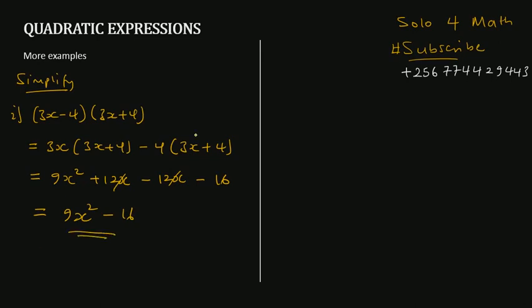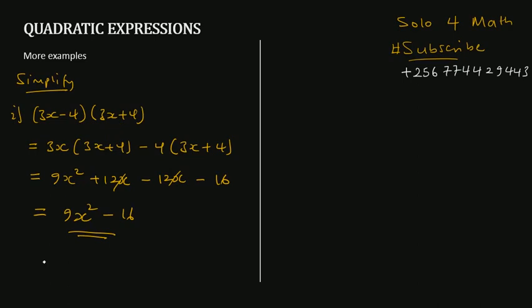If we don't go this way, we looked at an identity and we said if these numbers are the same, we have 3x, 4, 3x, 4, but the difference in these brackets, the factors, is the sign in the middle. Here we have a negative, here we have a positive. Then we can handle that as a difference of two squares.